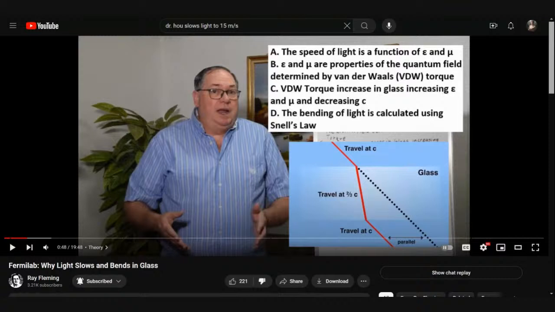Everything we know about quantum fields is the ether. But light is not an artifact of the quantum foam. Light is the propagation of energy in the ether. The quantum foam is an artifact of the non-zero state of the ether. Everything that they say about the vacuum, I say about the ether.